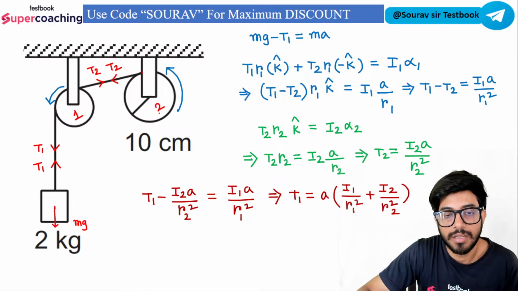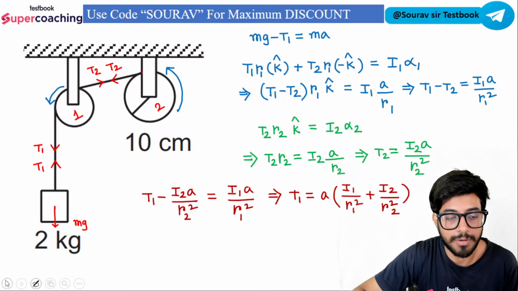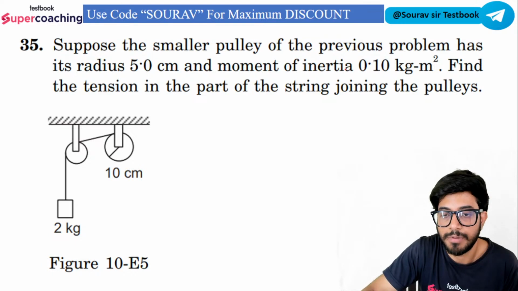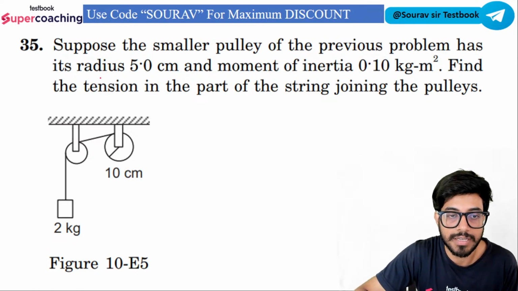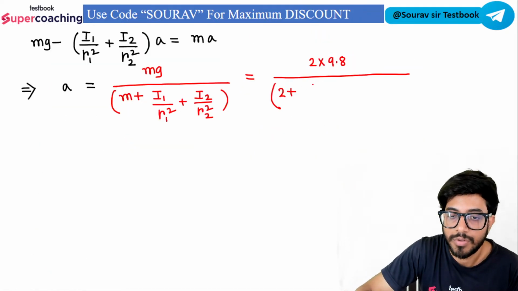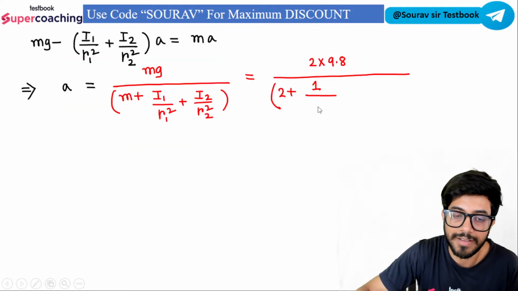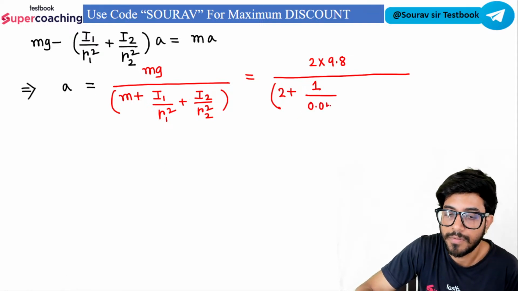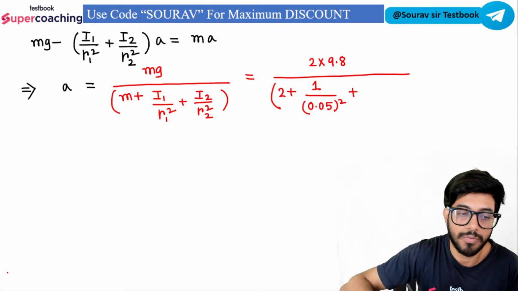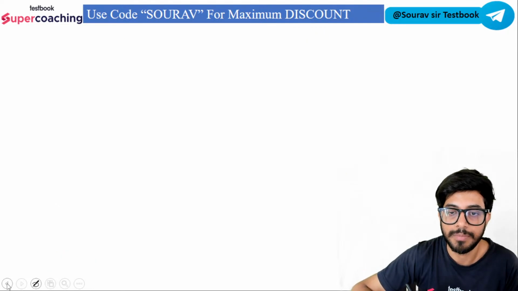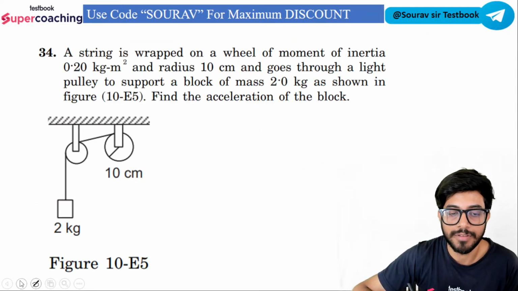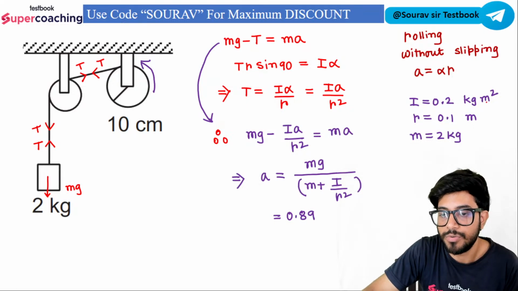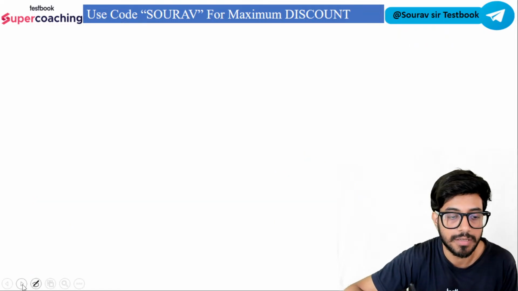The moment of inertia of pulley number 1 is 0.1 kg meter square and radius is 5 centimeter, that is 0.05 meter square, plus I2. What is the moment of inertia of the larger pulley? In the previous problem we saw it is 0.2 kg meter square and radius is 0.1.